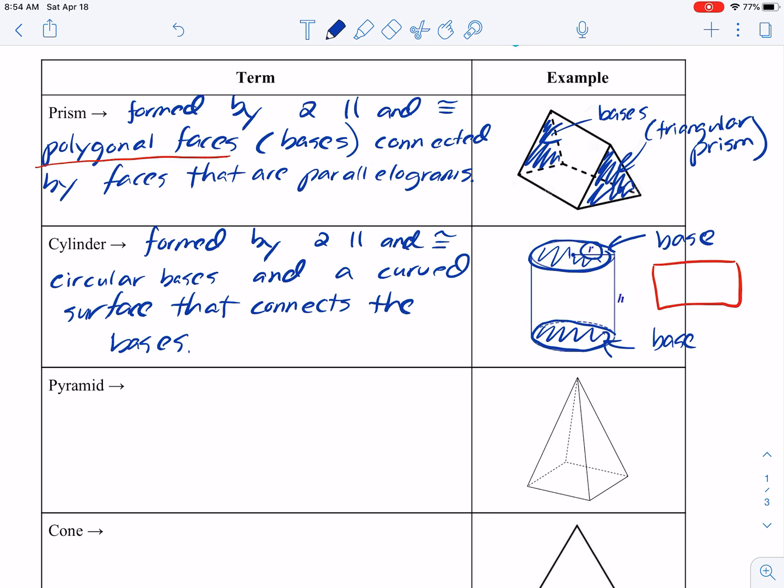last two, a pyramid. A pyramid is formed by a polygonal base, so it could be any shape. This base here is, we'll just call this a rectangle. Looks like it might be a square, but we'll call this base a rectangle.